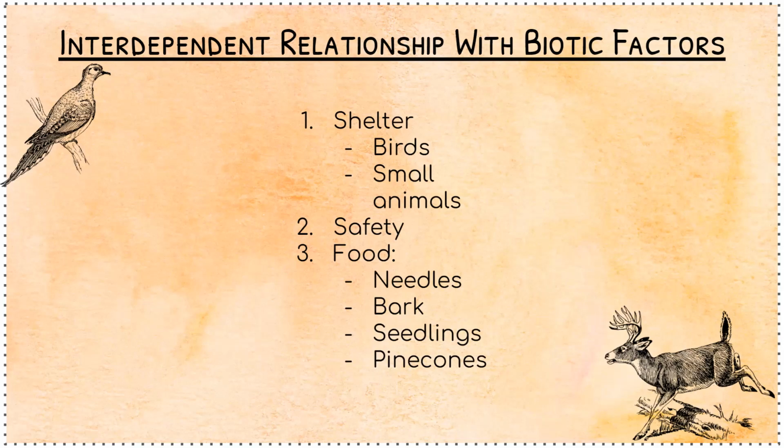Food is another important factor. Many animals use several different structures of the white pine as a source of food. Since the tree thrives year-round, this provides many species a source of nutrients. Commonly, the needles and seedlings are eaten by small animals, such as the hare, gopher, and squirrel. These small animals benefit from the nutrients, but the species of the white pine also benefits.